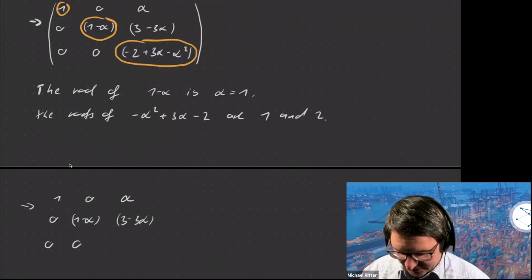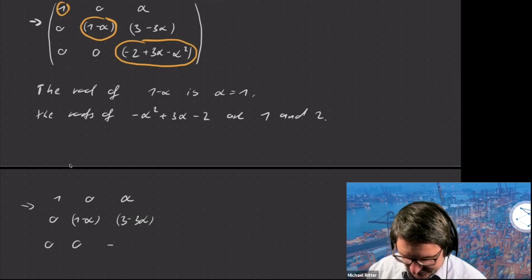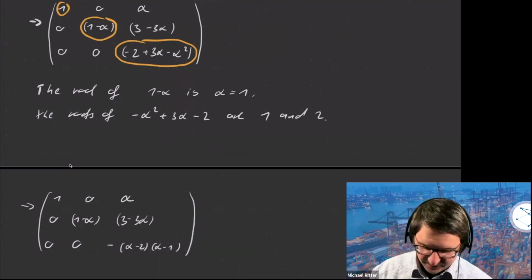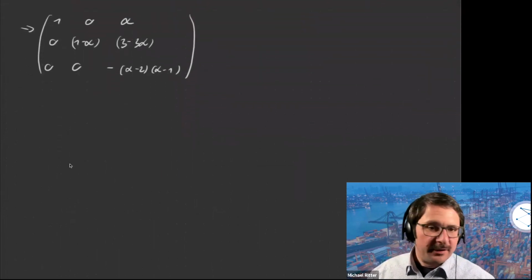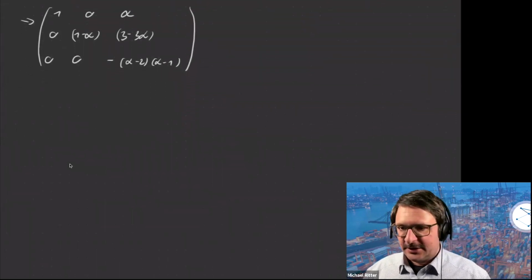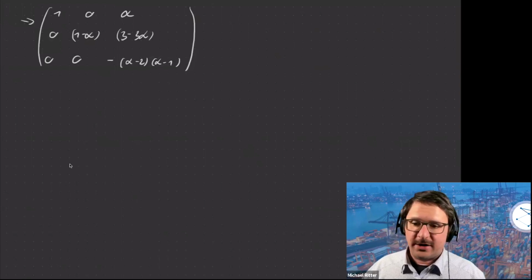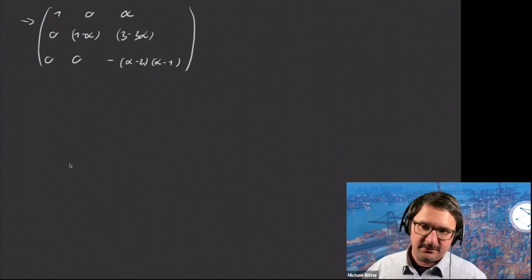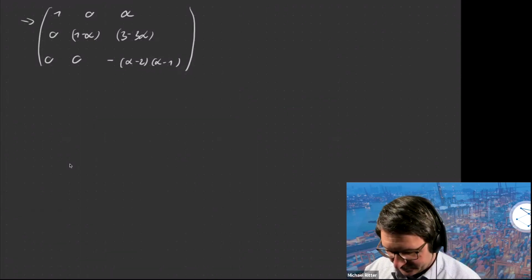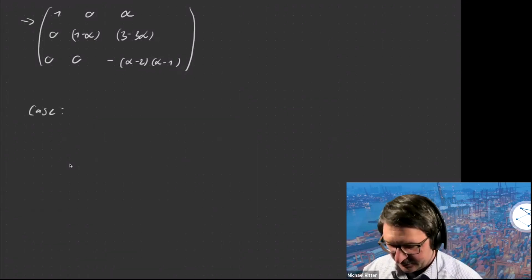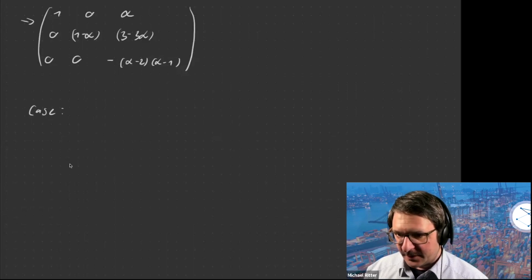And the last one, so this is obviously the product of alpha minus 2 and alpha minus 1, and a minus in front of that. Okay, I know that because I know the roots. So the cases I have to look at are alpha equals 2, alpha equals 1, and alpha is anything else. So let's have a look at those.